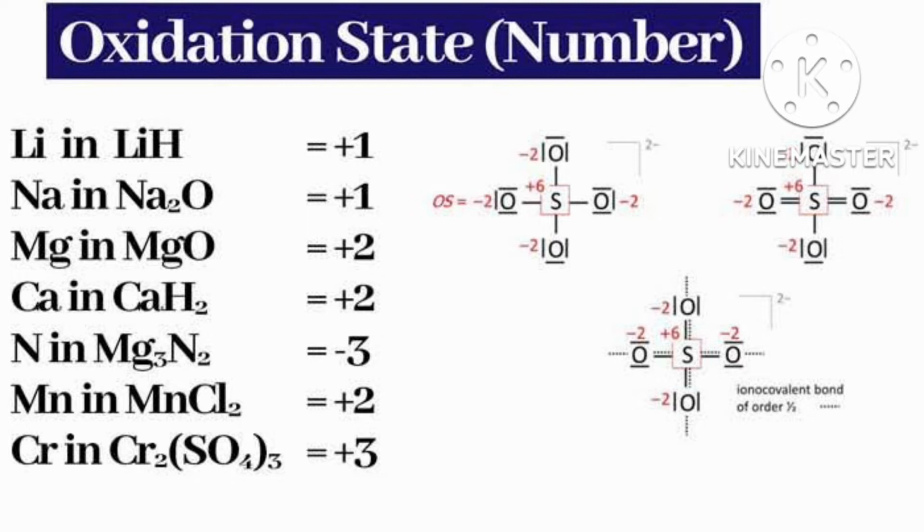This means oxygen is showing a plus character, and fluorine is showing an already negative character. That's why it is making the compound.